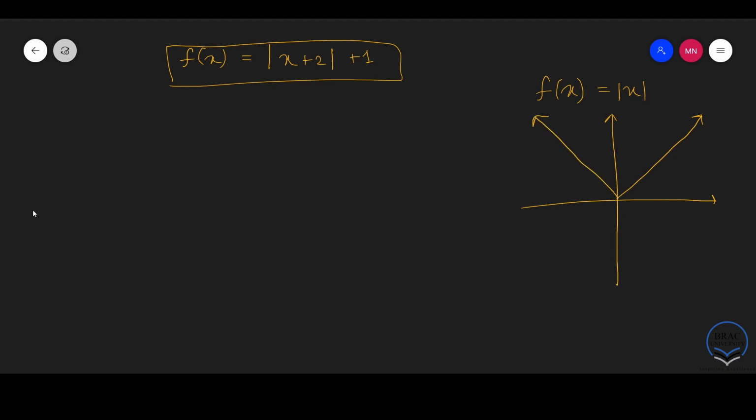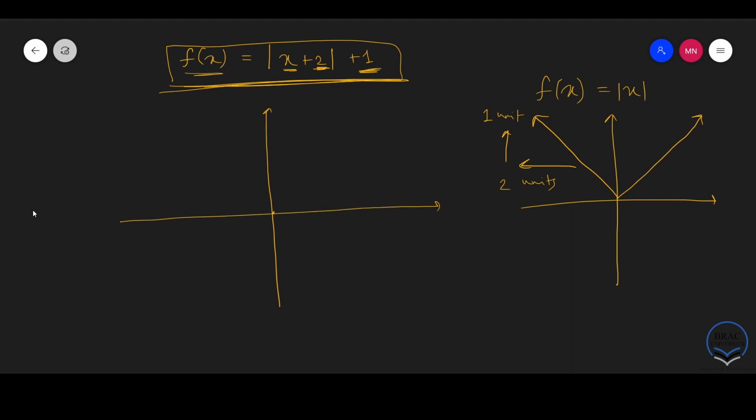Right, so now let's take a look at this function again. We're adding 2 units to our variable x in our function, so that means we're going to be shifting this graph by 2 units to the left. Right, and now we're adding 1 unit to the function, so then we will shift the graph upward by 1 unit.